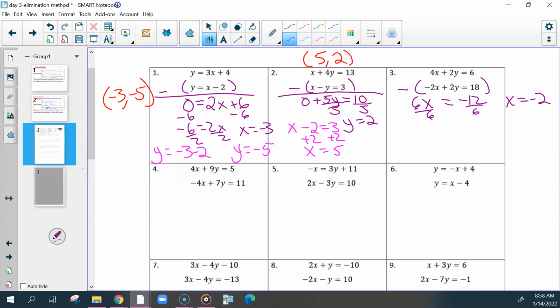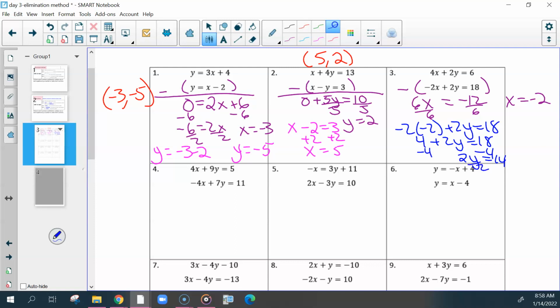And then, which equation do we want to put this back into? The first or the second? Okay. It doesn't matter. So this would be positive 4 plus 2y equals 18. Subtract 4 on both sides. Get 14.